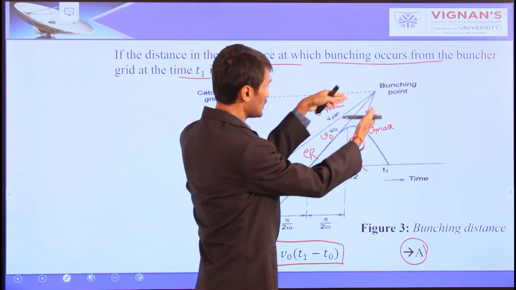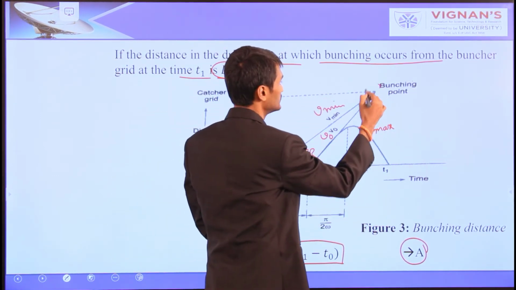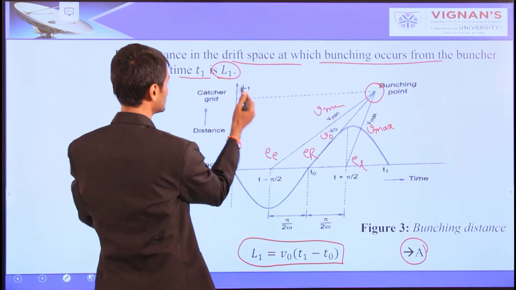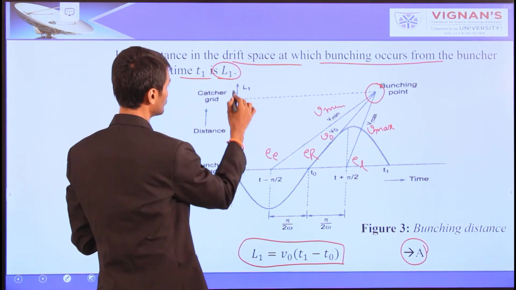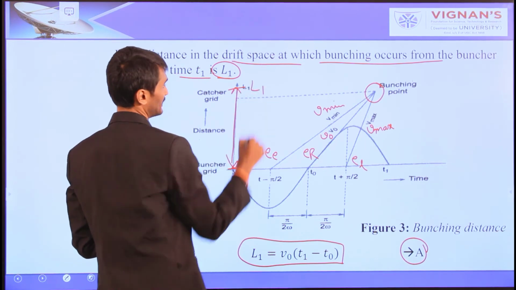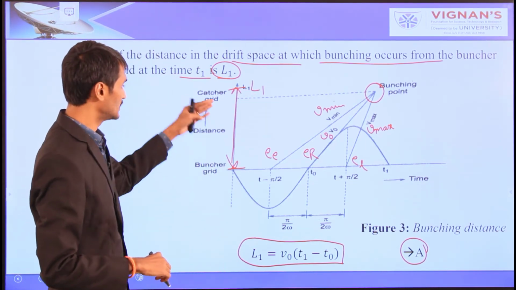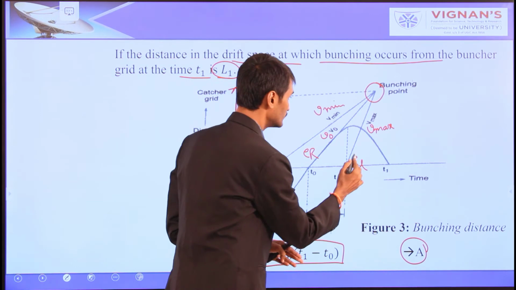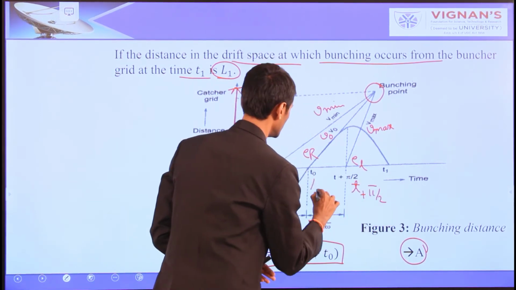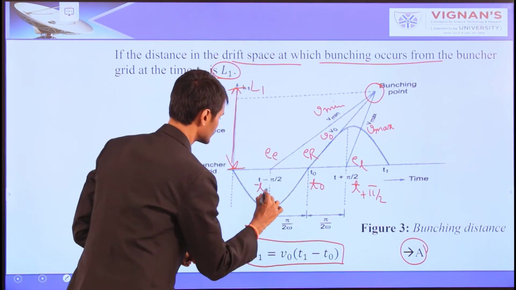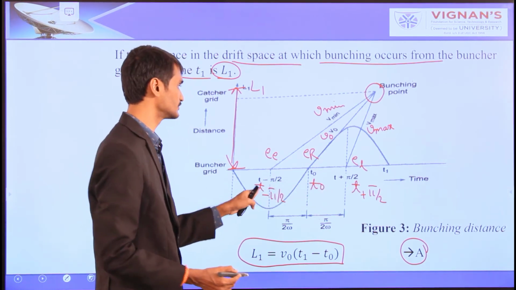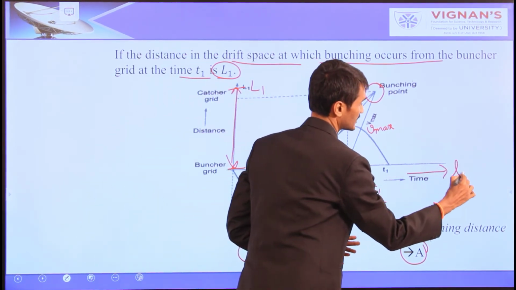Then only will all the electrons form the bunch at the bunching point. The distance traveled from this buncher grid to the catcher grid is considered as L1. Here we get T at plus pi by 2, here T naught, and here T at minus pi by 2. This axis is time.